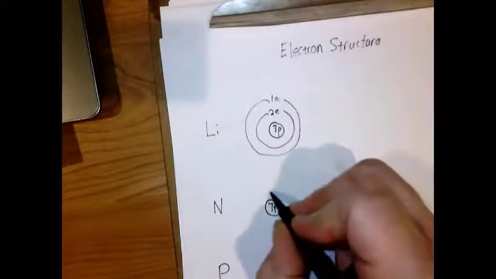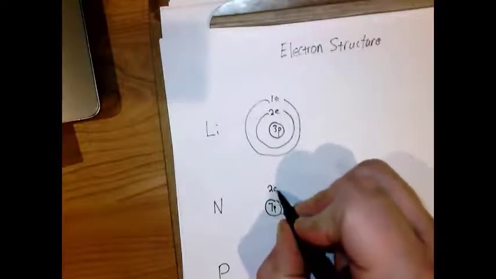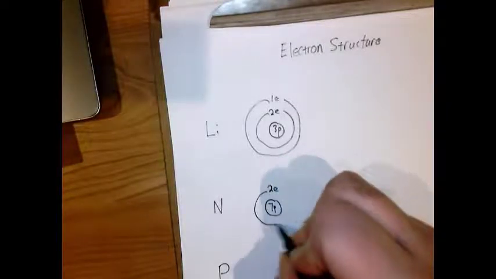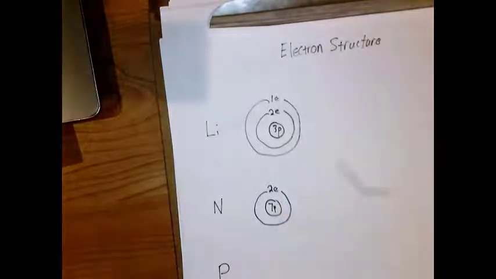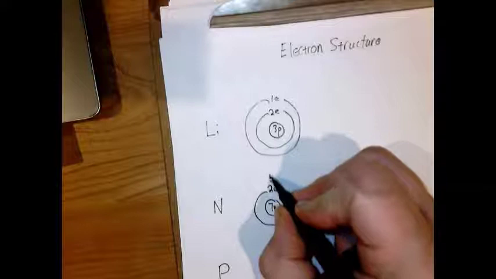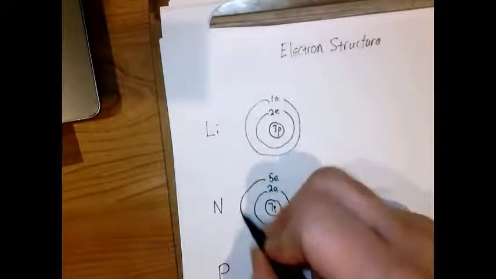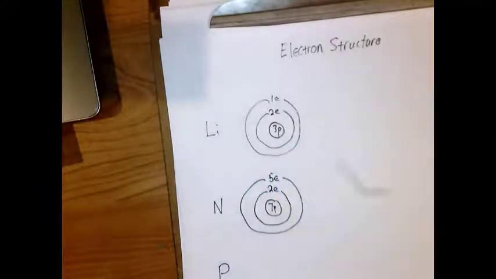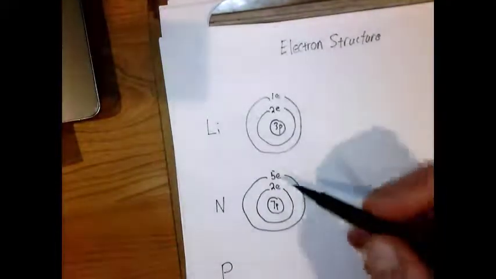Once again, there's 2 electrons maximum that go here. And then I have 5 left over. So 5 go in this second energy level. And that's it.